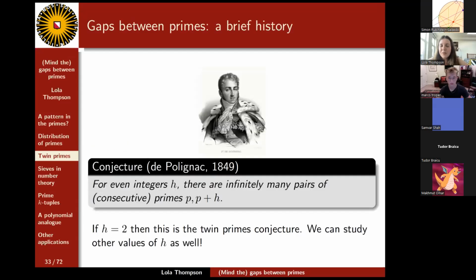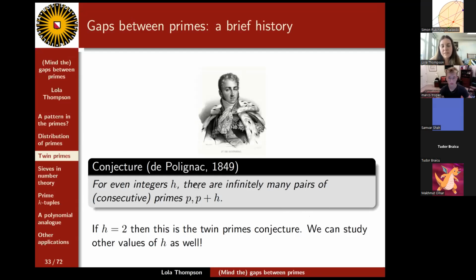This sort of question was first posed in a textbook by someone named Alphonse de Polignac. I think a lot of people think this conjecture, the twin primes conjecture, that there are infinitely many pairs of twin primes, is like a 1,000-year-old problem or thousands of years old problem. But actually the first time it was written down in a book was in 1849. And it was this textbook by Alphonse de Polignac.